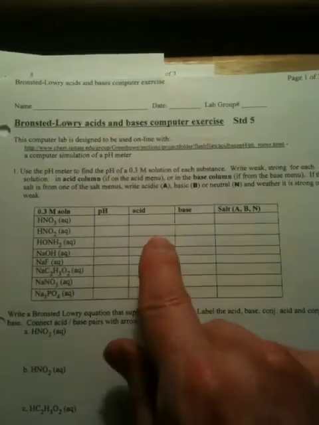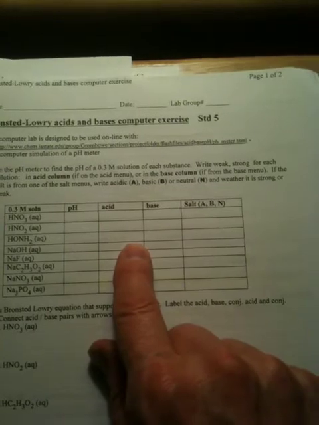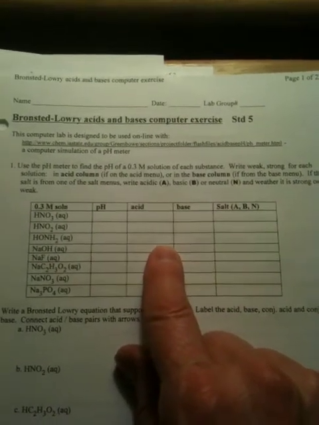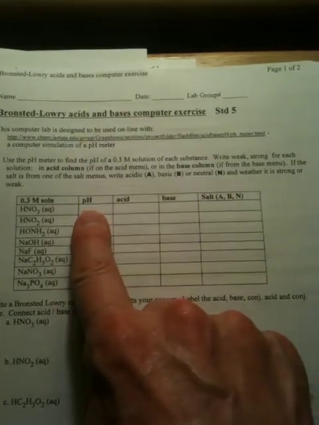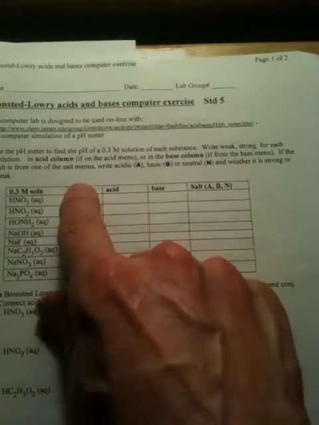Now, if we look at what we're being asked to do, this box right here is where you're actually using the pH meter. When you find the pH meter, you're going to test it out and get a pH reading. When you get a pH reading, you're going to record that in this column right here.